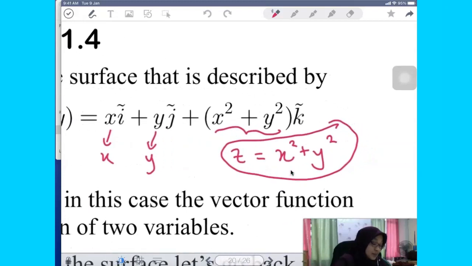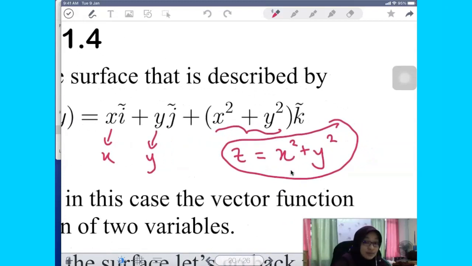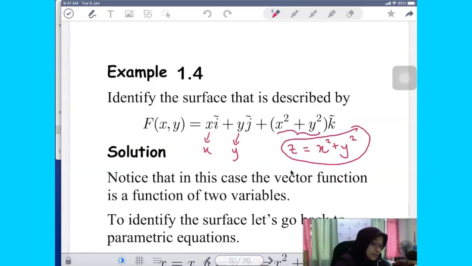Can anyone remember what is the shape of this? For those who have already forgotten, you can check your previous notes. Actually this one is a bowl shape or parabolic shape. In 3D we call that a paraboloid shape, or in simple form, a bowl-shaped concave.